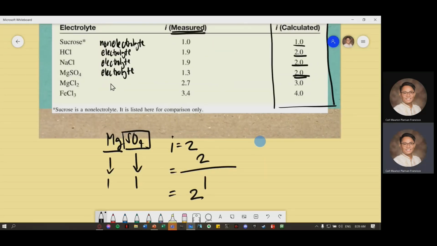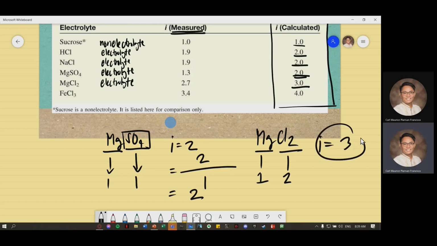And then MgCl2, this is electrolyte. The Van Hoff factor is 3. Why? So MgCl2, we have 1 magnesium, and then we have 2 chlorine. So the Van Hoff factor is 3. And then last one is FeCl3, electrolyte.